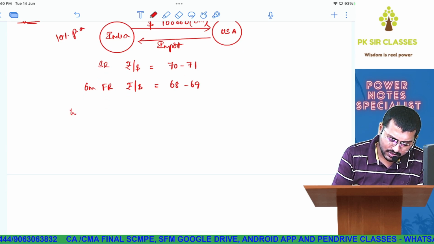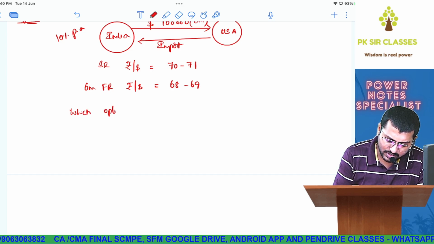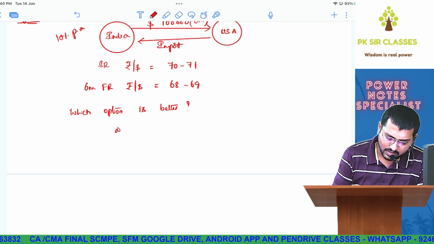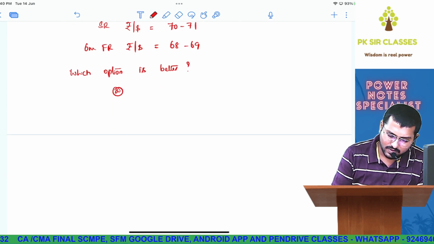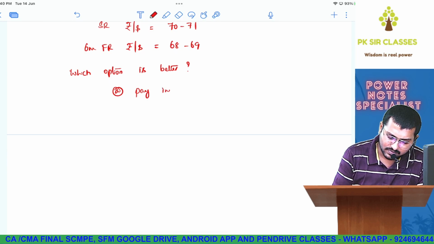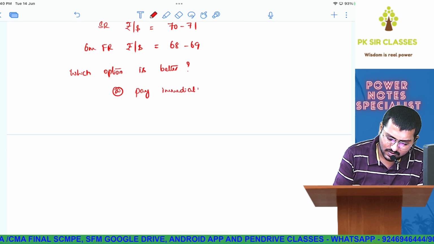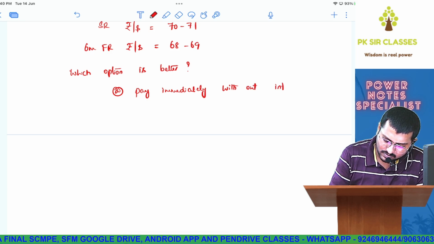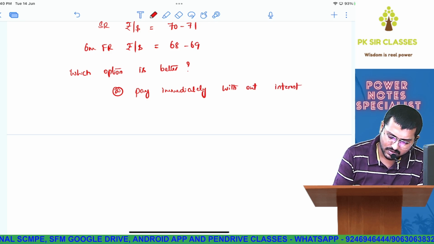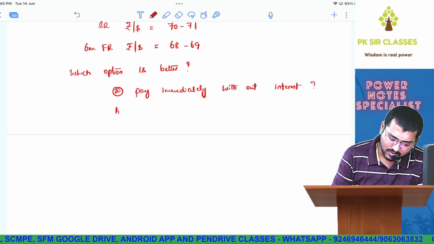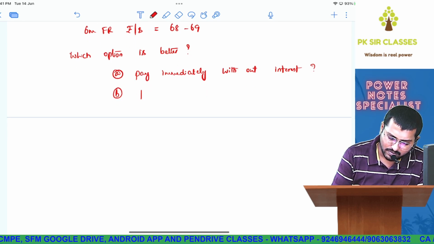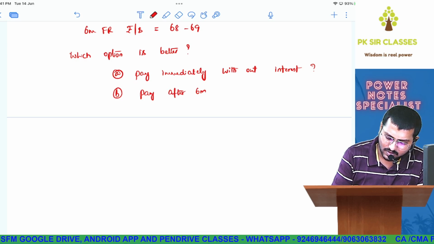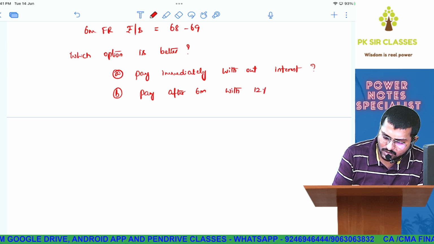You have two options. So obviously the question is which option is better? A: pay immediately without interest, or B: pay after 6 months with 12% per annum interest.